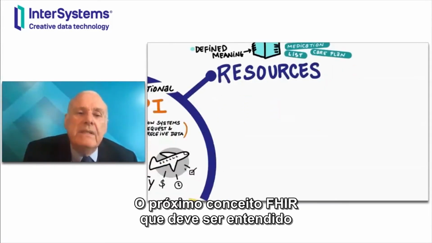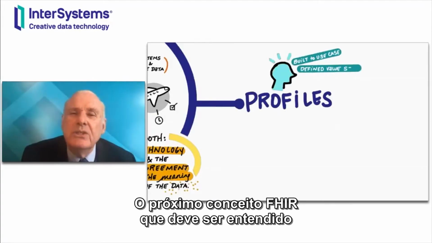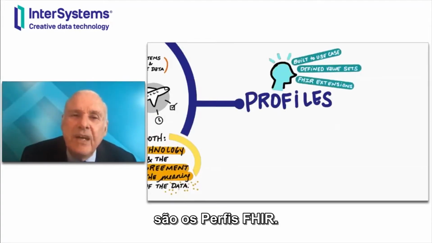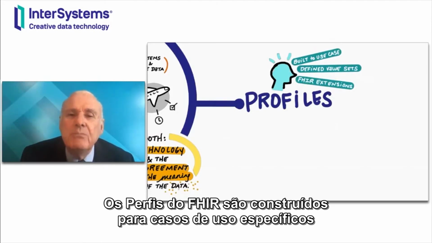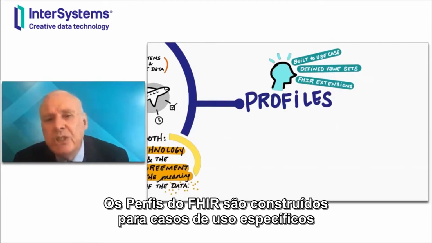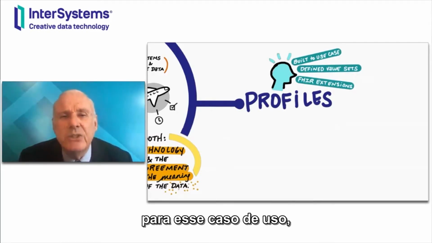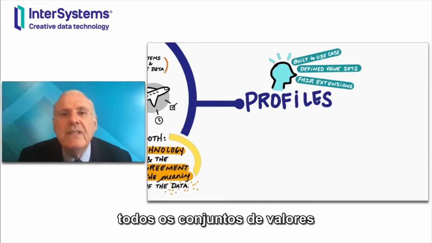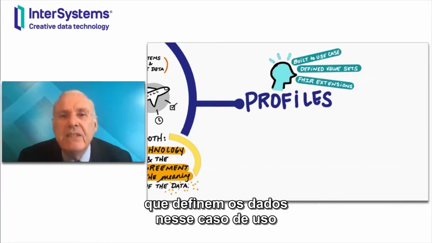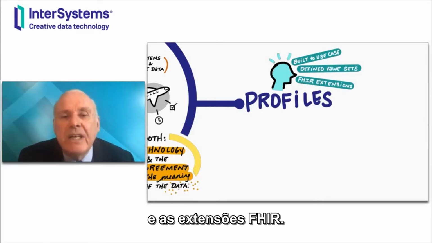The next important concept to understand in FHIR is FHIR profiles. FHIR profiles are built for specific use cases, and they consist of all the resources that are needed for that use case, all the value sets that define the data in that use case, and FHIR extensions.